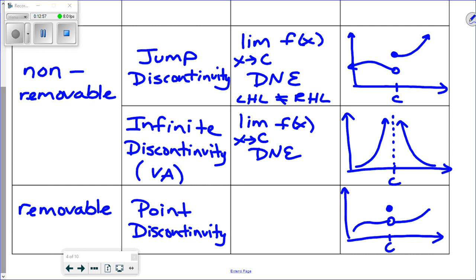If you were going through your 3 tests of continuity, for this one you would get all the way to test number 3, and you would find that the limit as x approaches c does not equal f of c. So in this case it would fail the 3rd test.